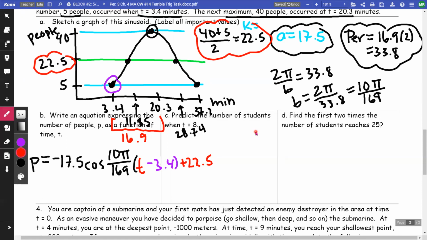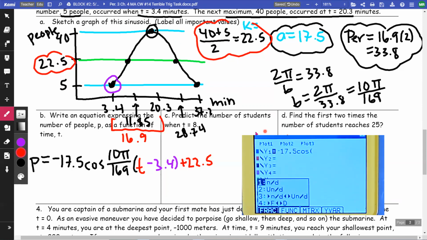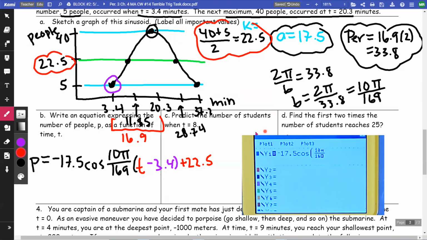Now, what you can do on these calculators, okay? If I go to y equal and I put this into my calculator, so let me just start fresh. I'm going to put in a negative 17.5 cosine 10 pi over 169 times x minus 3.4, close, and then plus 22.5.